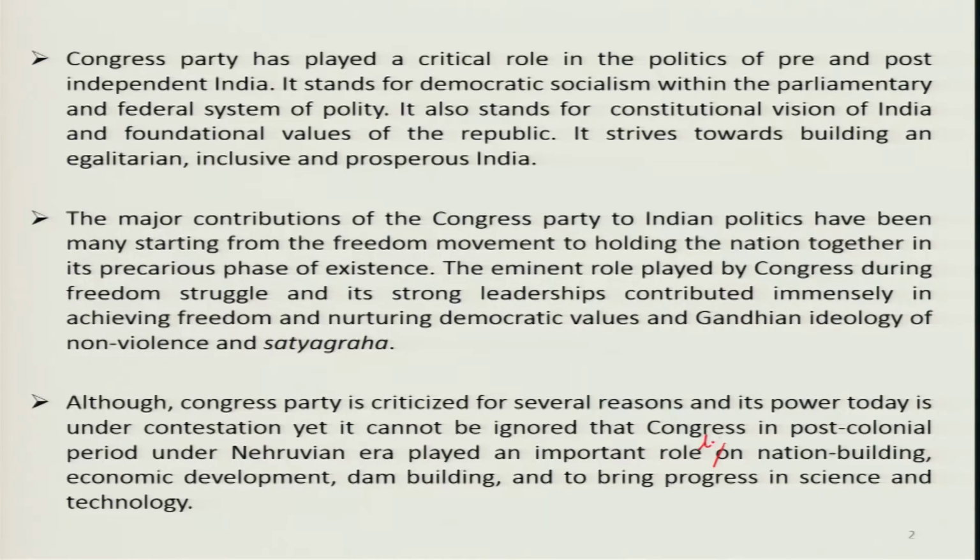So, the Congress right from the Nehruvian days has played a very significant role in rebuilding the nation in terms of economic development in a planned manner, constructing big dams and ensuring progress in science and technology and industrial growth and so on.